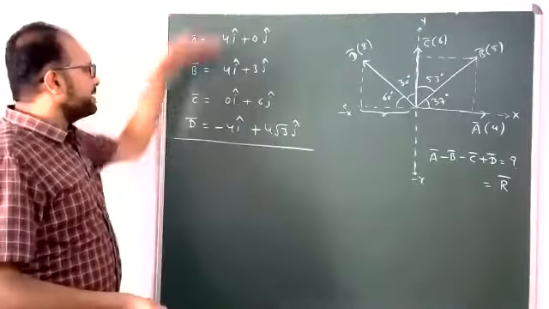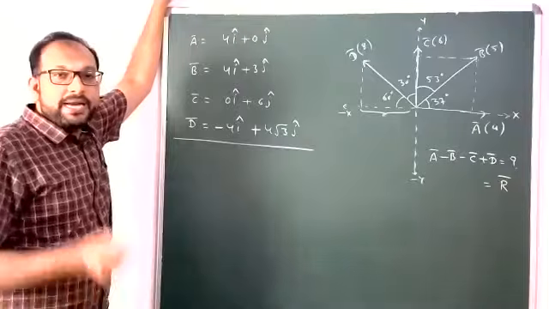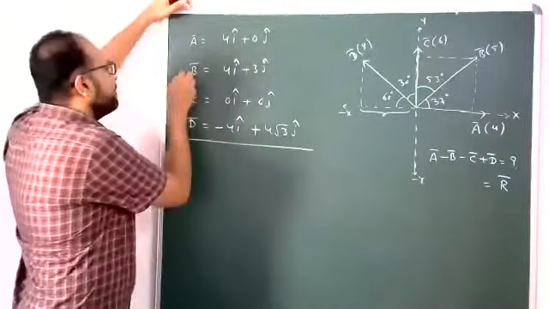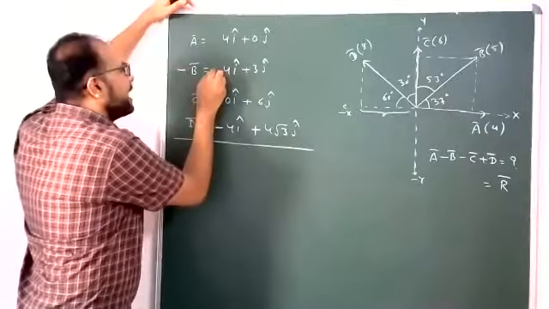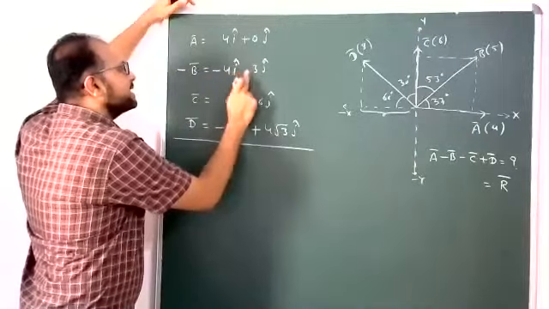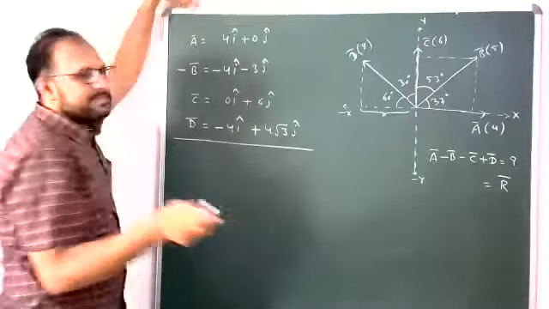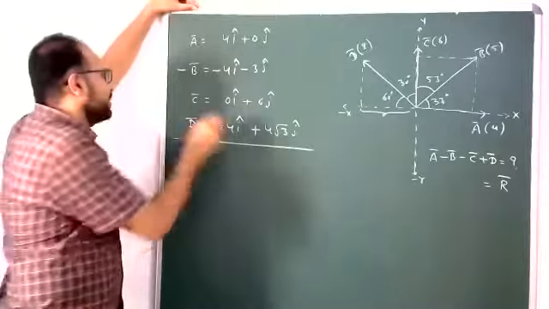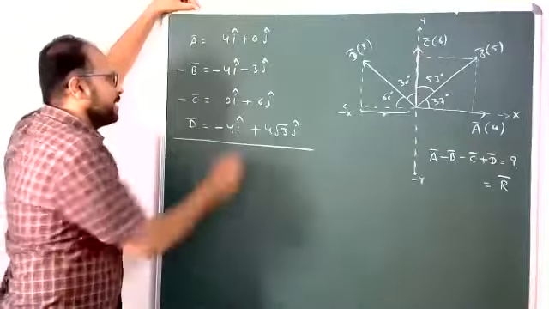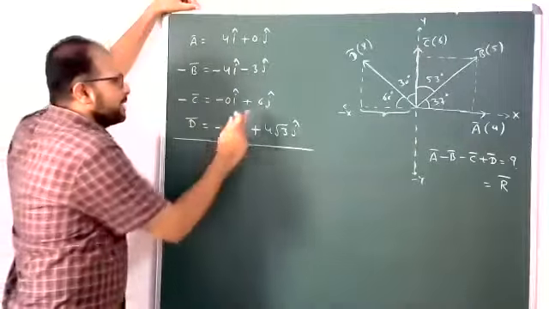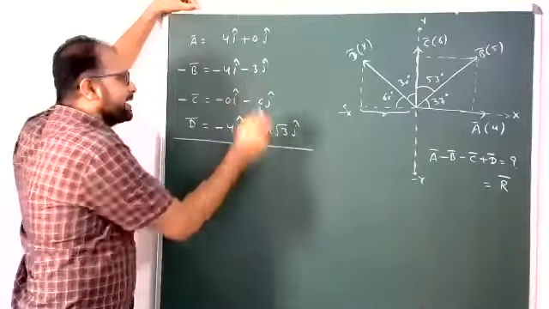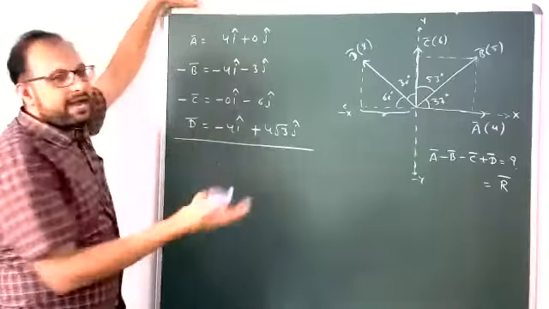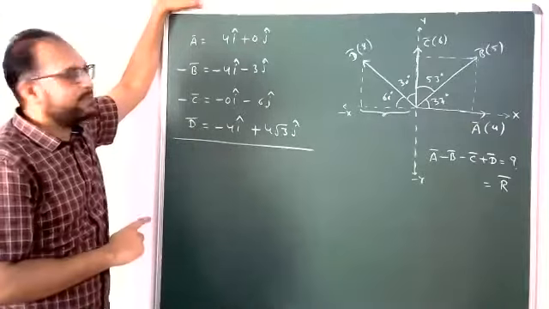Now I am finding minus B bar because we need minus B bar. Minus times plus becomes minus, right? Now come to minus C bar again, minus times plus becomes minus. Next D bar is already plus, so no need to change.